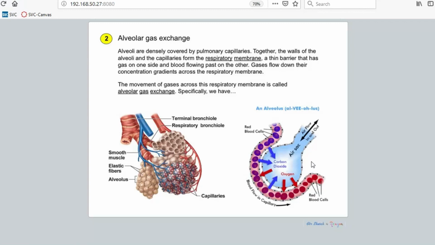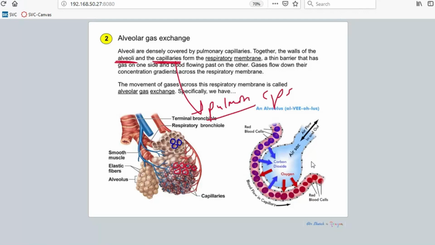And specifically, we're going to exchange gases between the alveoli and this dense capillary bed that wraps around all of these alveoli. So we're going to exchange air between the alveoli and the capillaries that are on top of those, and specifically those are the pulmonary capillaries.